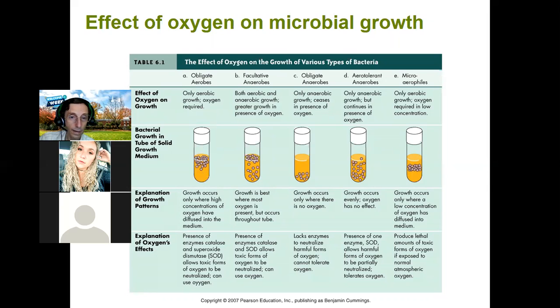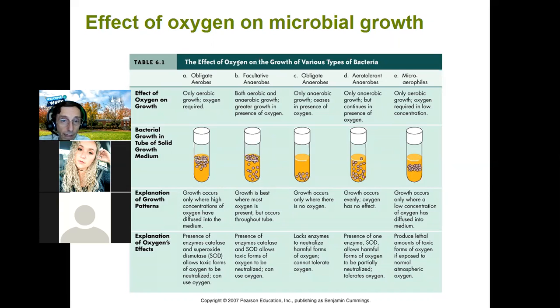Now that's similar to a facultative anaerobe. This is an anaerobe, but it's facultative, meaning it can perform aerobic respiration. And in fact, if oxygen is around, it will use aerobic respiration because that's the most efficient at producing ATP.